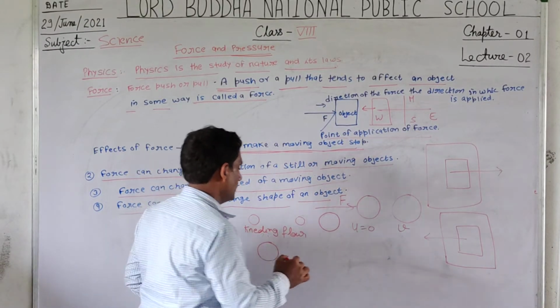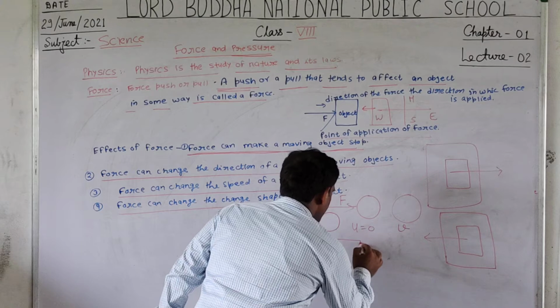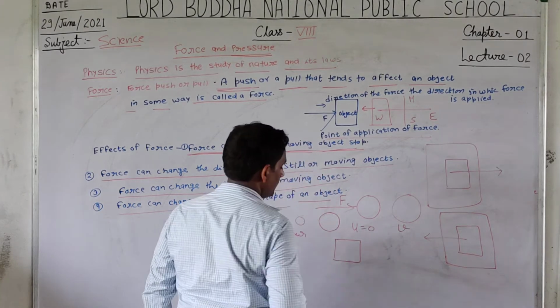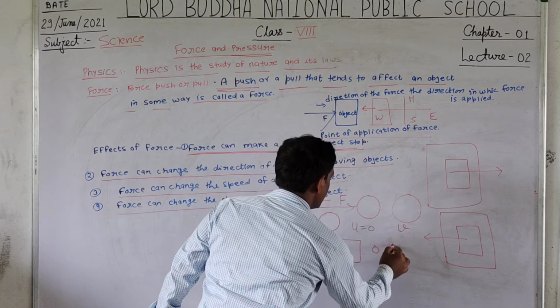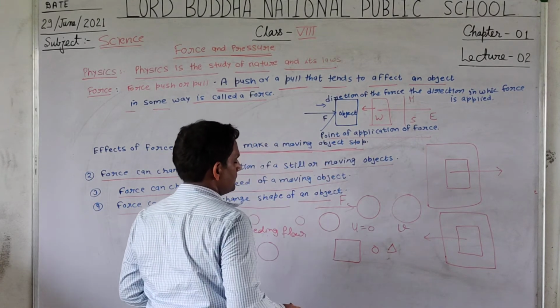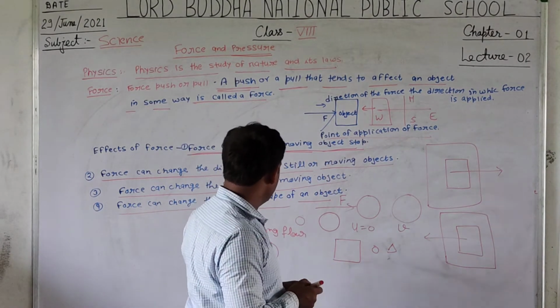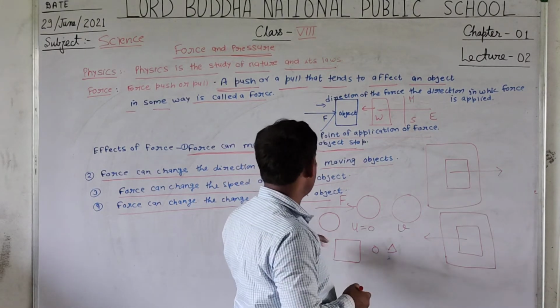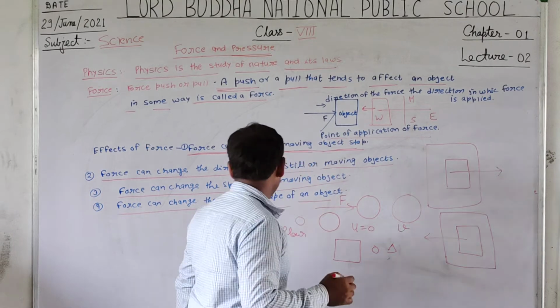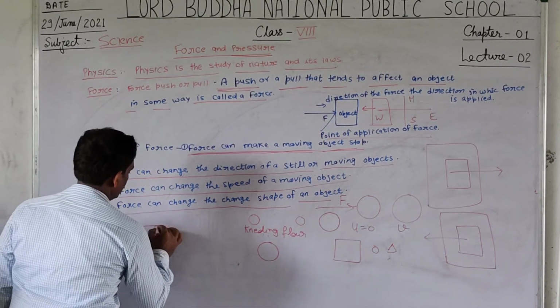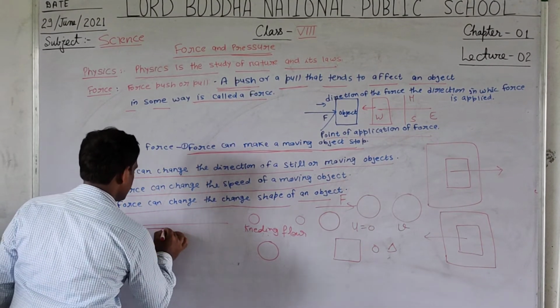When there is a stone which is rectangular in shape and we hammer it, it breaks into pieces, which can be triangular shapes. In this way, we see that the force can change the shape. For example, we take an iron rod, which is linear.